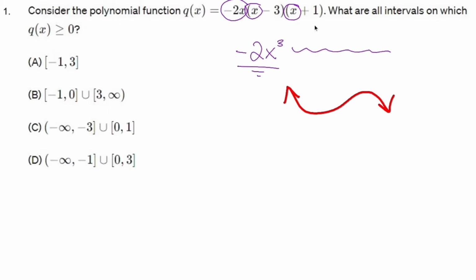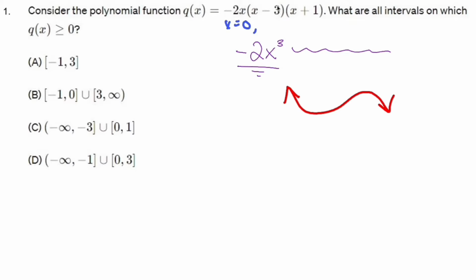Now, that's part one of what we're dealing with. Part two is that I do have three factors. And if I care about when it's positive or greater than or equal to 0, don't I care about when it's equal to 0? I do. So if I were to imagine that each factor is equal to 0, like negative 2x is equal to 0, divide both sides by negative 2, you would get x equals 0 for this one.